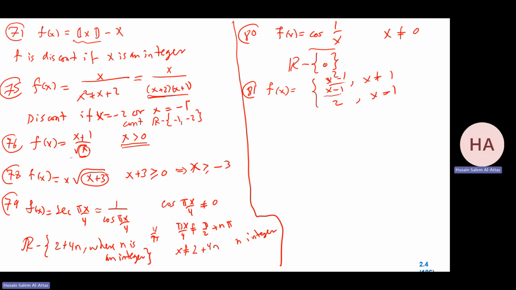So this function is continuous since x not equal to 1. I need to check at 1, the limit as x goes to 1 of this. That will be the limit as x goes to 1 of (x minus 1)(x plus 1) over x minus 1, cancel, that will be 2, which is the same as f at 1. So the function is continuous everywhere.